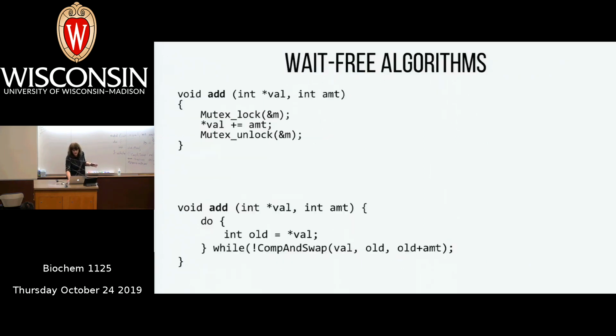So what's the problem with this, though? We don't have deadlock, but we have something that's called live lock. It could still be the case that you have two threads that are getting very unlucky, and some other threads are constantly changing this, and we just keep seeing that the value is not what we expect it to be, and we keep failing and trying again and again.